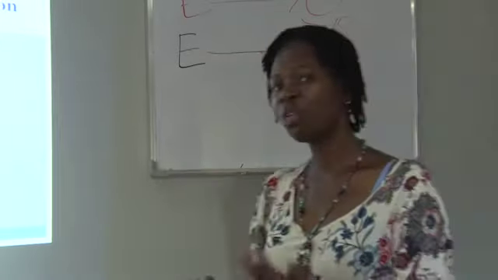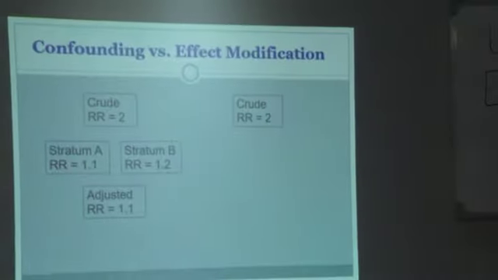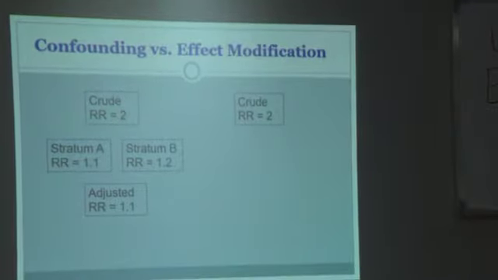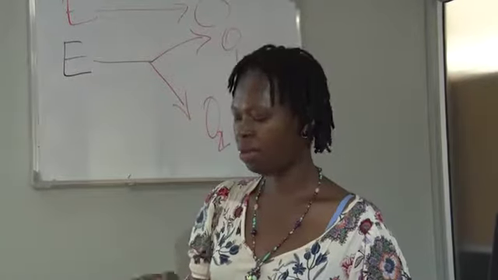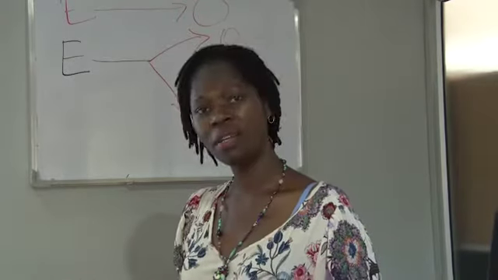So, let's go a little bit back and compare confounding with effect measure modification. What happens with studies? You measure your crude. We've evaluated effect measure modification. We've evaluated confounding using the data. What do we do then? We look at the crude measure, which is the unadjusted measure. We measure it.